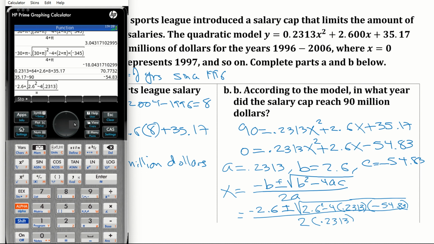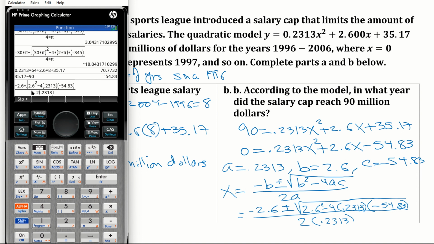I'll exit the parentheses once, not twice, because you don't want to get out of the radical. Times negative 54.83, don't forget to use that negative sign. And now we go downstairs and we put in 2 times, I can just use parentheses, 0.2313. Now we pray that we've put everything in correctly, and we double check as well.